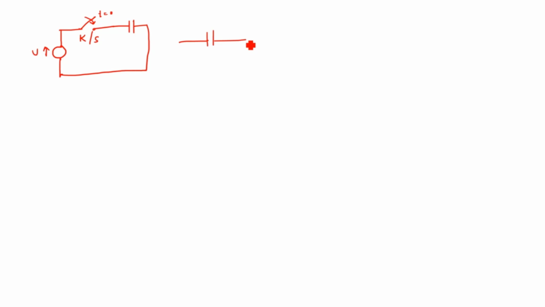That is, Q equals 0, or else the voltage across the capacitor is 0 volt. This is the condition before switching, t equals 0 minus. Immediately after switching, it is represented as t equals 0 plus.